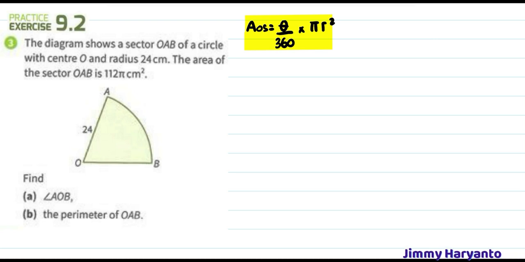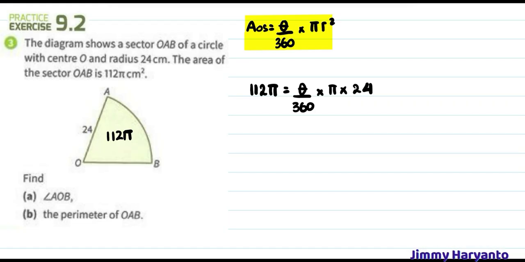And then next is question 3. The question wants you to find the angle of AOB given that the area of the sector is 112 pi and the radius is 24. Okay, so I think we can use the formula directly. The area of sector is 112 pi. The angle we don't know yet. 360 times pi times 24 square.